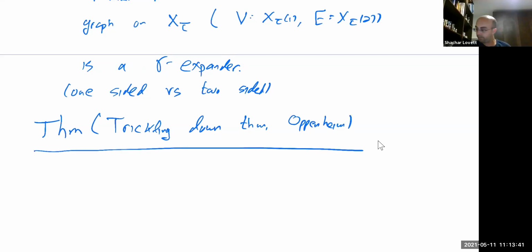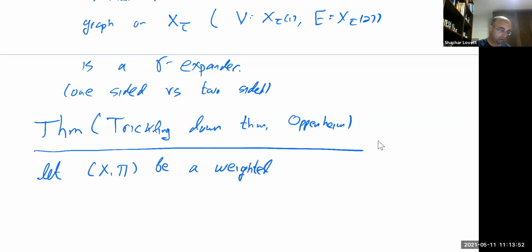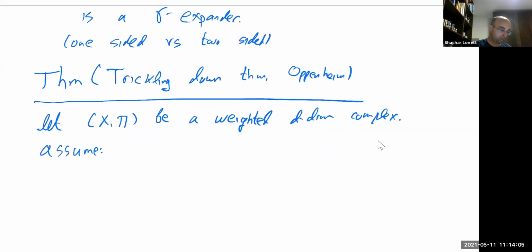It says the following. Let X pi be a weighted d-dimensional complex and assume two things. One would be that only the top level faces are going to expand. Remember, this is a d-dimensional complex, so we need to look at faces of level d minus 2. They have nodes and edges, so it's actually a graph there.